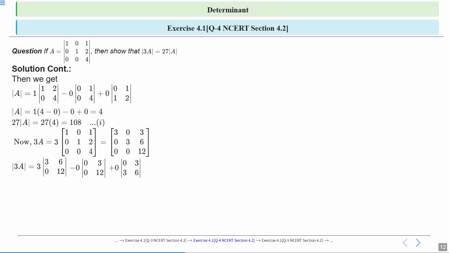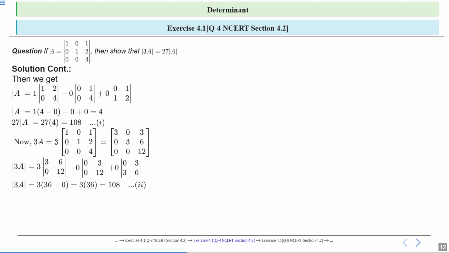For the second element, we cancel the second row and first column. We get the matrix 0 3 0 12, plus 0. We get 0 3 3 6. So we don't need to calculate the second and third parts.